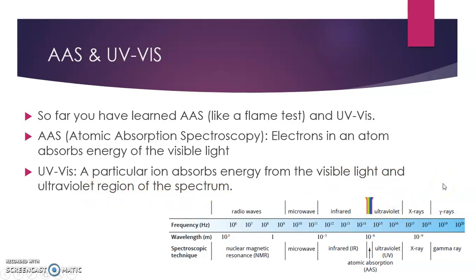Based on how much energy they absorb and what particular wavelength of energy they absorb, we are able to determine what substance or what ions are there. And secondly, we are able to determine how much there is in that solution. Therefore, UV-Vis can help us determine not only what ions are there, but also what concentrations they are.